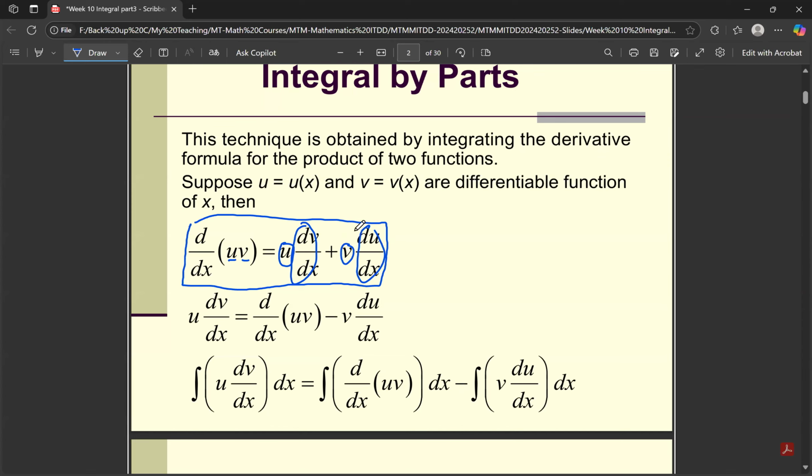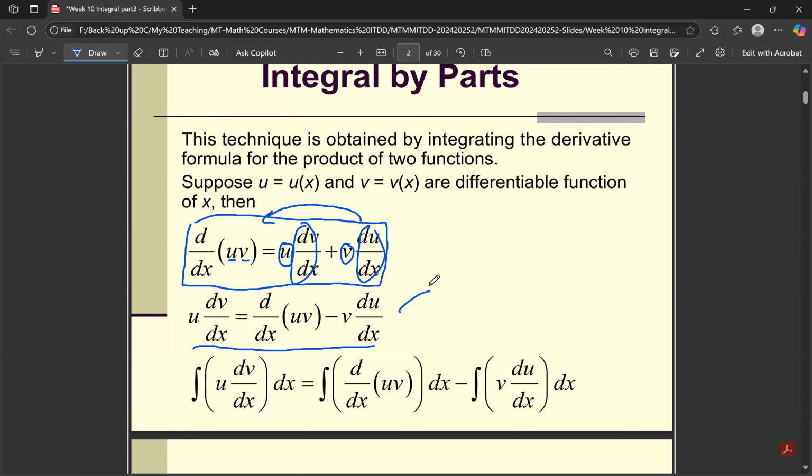And then we move one component to the right side, so we move the second component to the other side. We have this one.